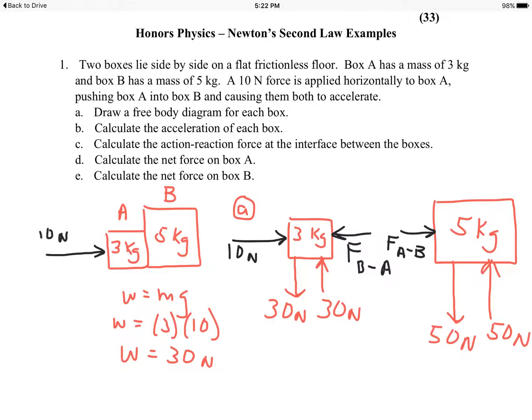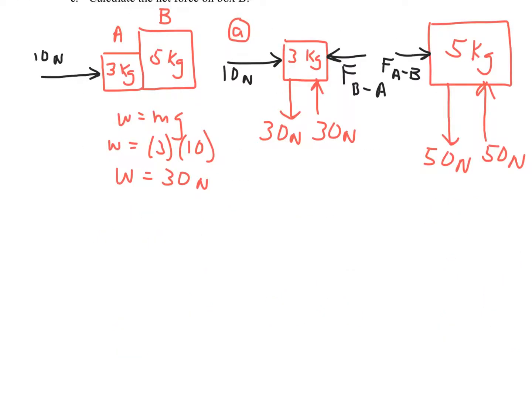Now we have to do part B. I'm first going to do this problem the hard way. Then I'll show you a little trick or the easy way to do the problem. But what we're going to be using is Newton's second law, and that is F net equals ma.